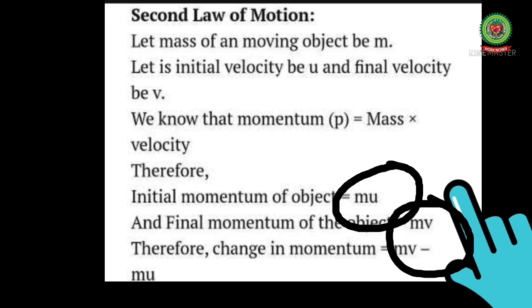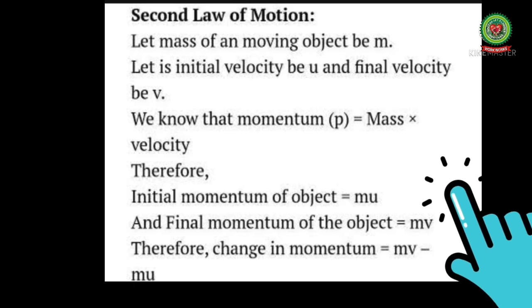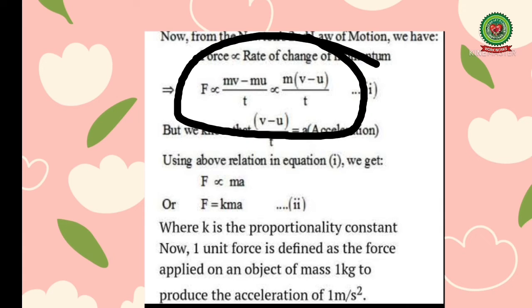The reason is we have already taken the initial and the final velocity as u and v respectively. Now children, the change in momentum is written as final momentum minus initial momentum, that is m into v minus m into u. The rate of change of momentum is given by m into v minus m into u divided by t.